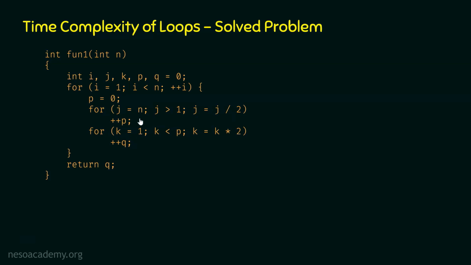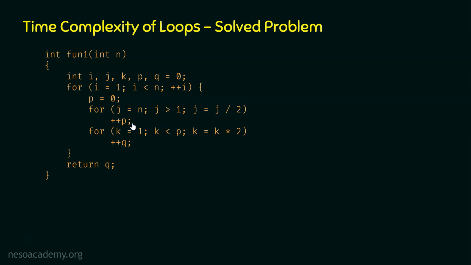So in the first iteration, the value of p will be 1 because p is initialized to 0. After the iteration number 1, the value of p will be 1. After the iteration number 2, the value of p will be 2. After the iteration number 3, the value of p will be 3. And after the iteration number k, the value of p will be k.